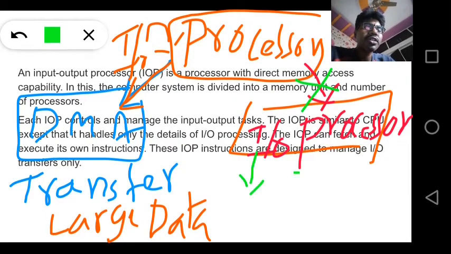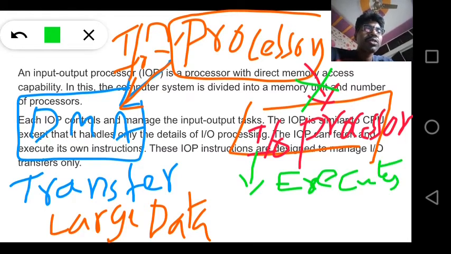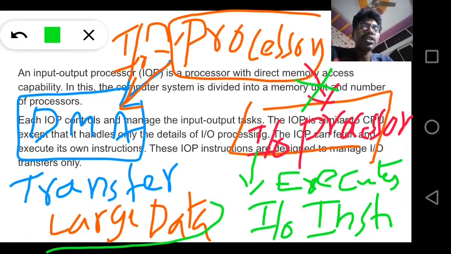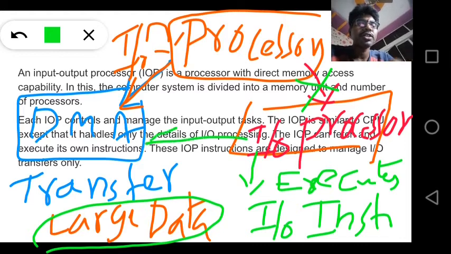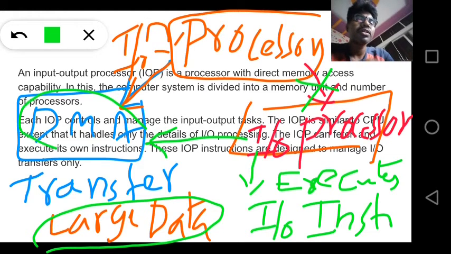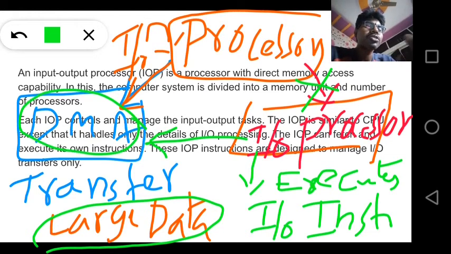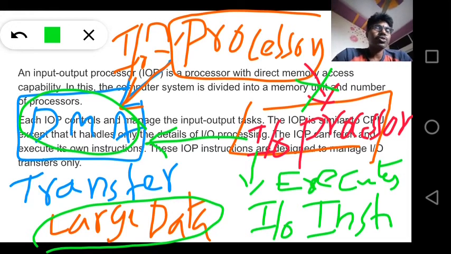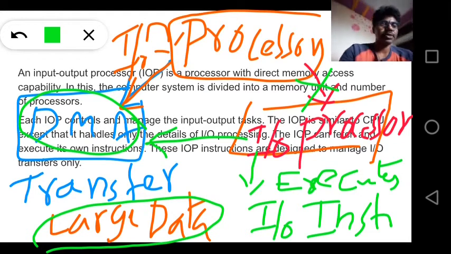The IO processor executes IO instructions, not just transferring the large data. Yes, an IO processor can also do the job of DMA, so it should have the capability of transferring large amounts of data. But the thing is, an IO processor is a dedicated processor which executes IO instructions. I hope you are getting what I'm trying to say.